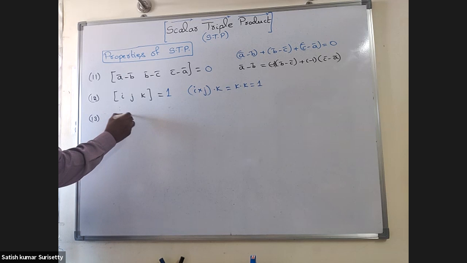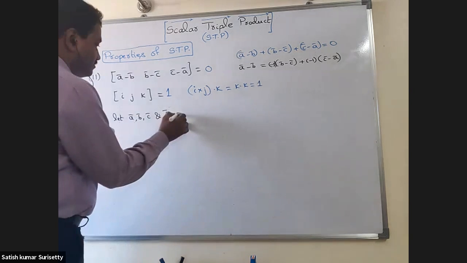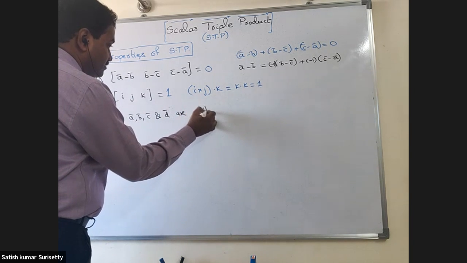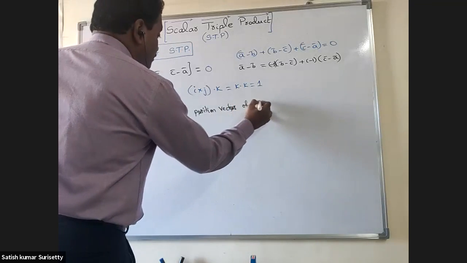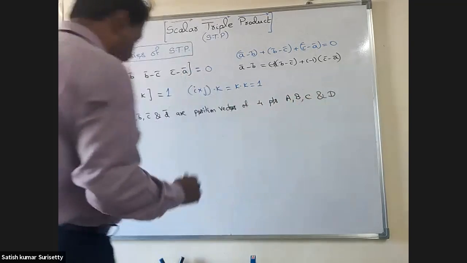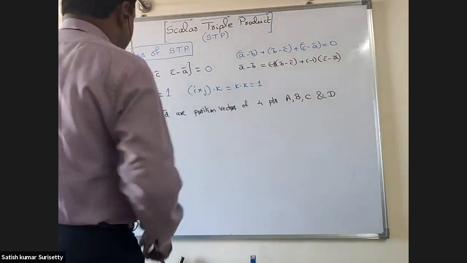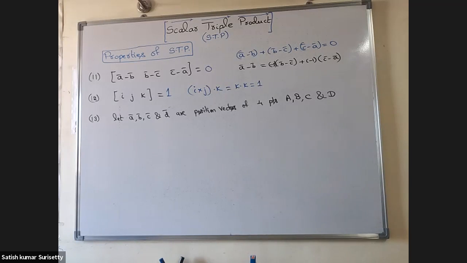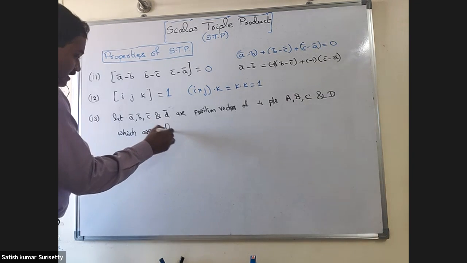Let A bar, B bar, C bar and D bar be position vectors of 4 points A, B, C and D respectively, which are coplanar.